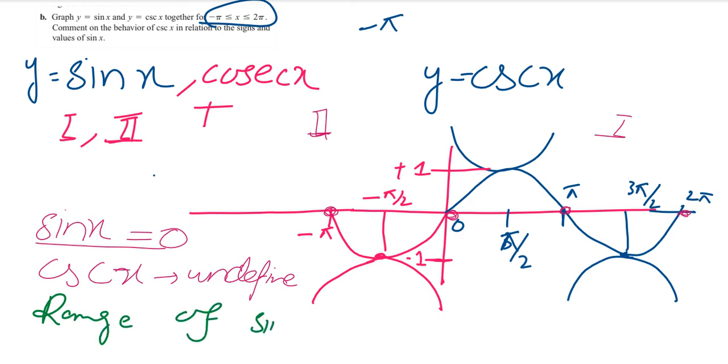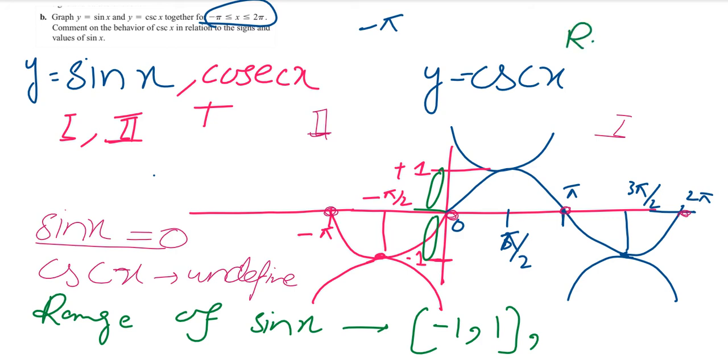The range of sine x is again from positive 1 to negative 1, because it starts from positive 1 and ends up at negative 1. They didn't go any higher than this point, the fundamental graph of sine x. But you can see there is a difference in the range of cosecant x.